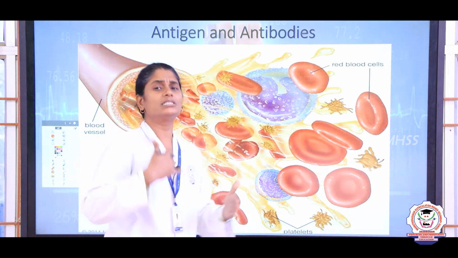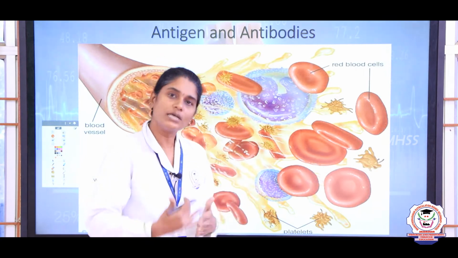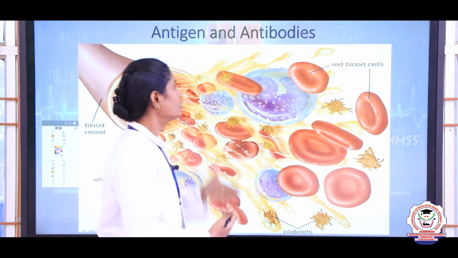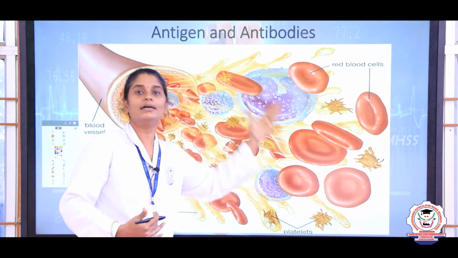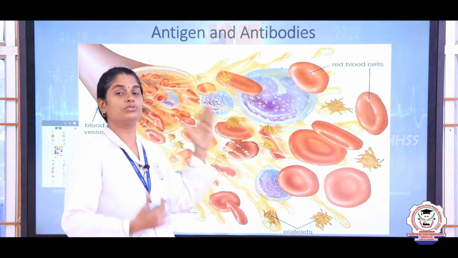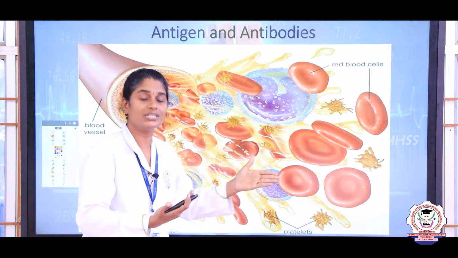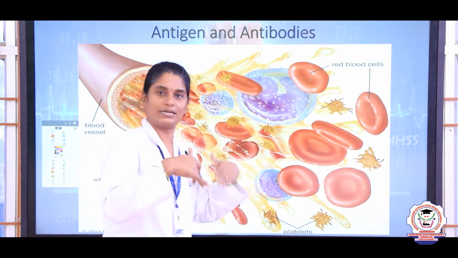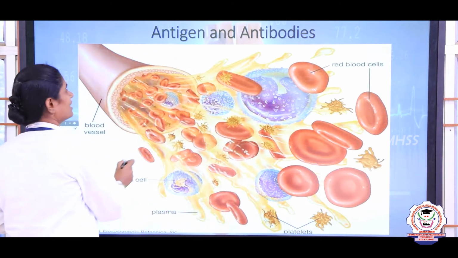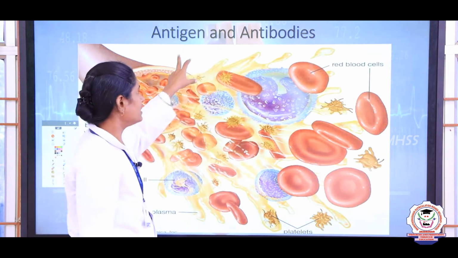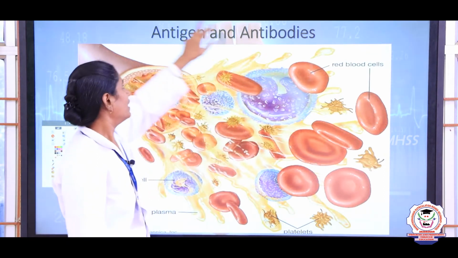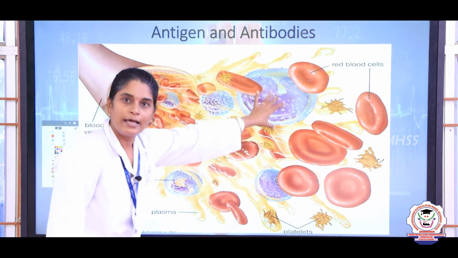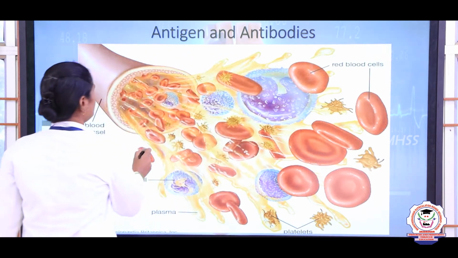These antibodies destroy the antigen, but the antibodies do not attack the antigens in their own red blood cells. The blood contains antigens and antibodies: the antibodies are present in the plasma, but the antigen is present in the red blood cells.